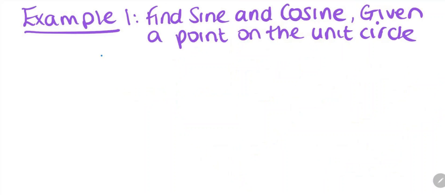Example 1, find sine and cosine given a point on the unit circle.